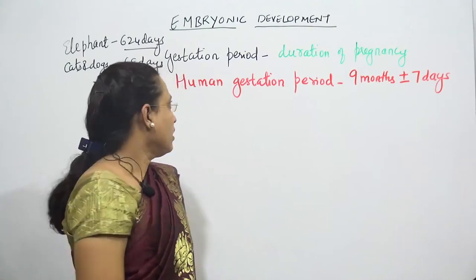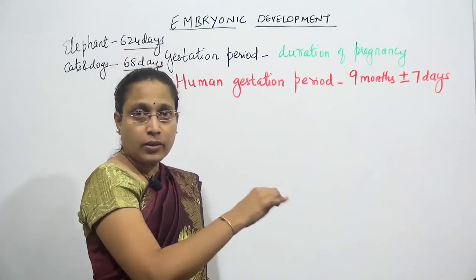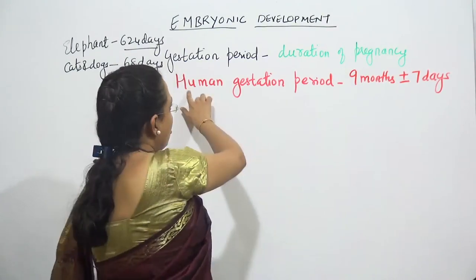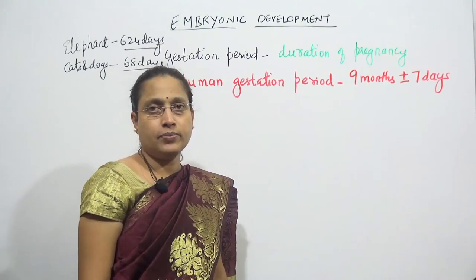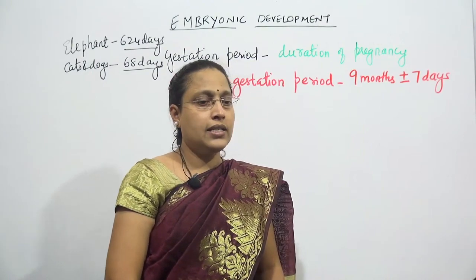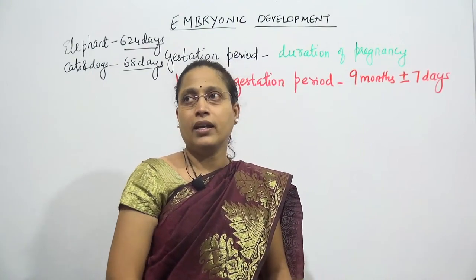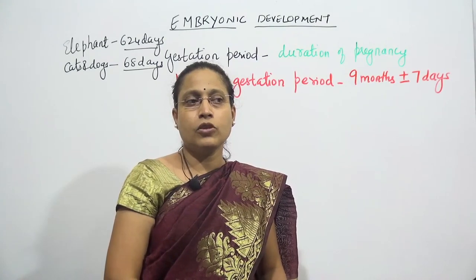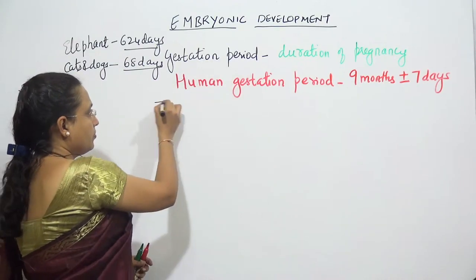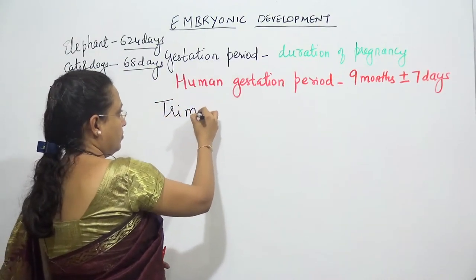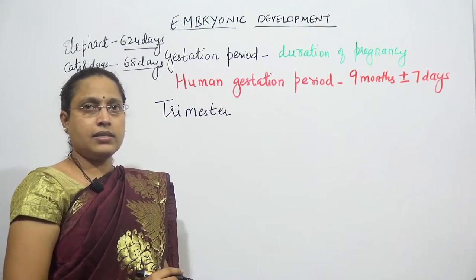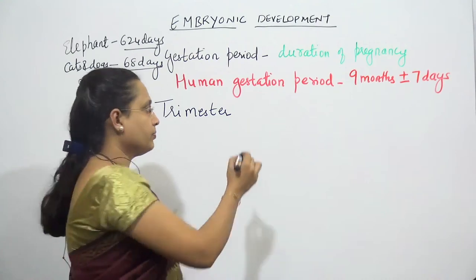That period between the first day of pregnancy till the birth is called the gestation period. Now, you all should know that the gestation period can be explained in terms of trimester. Trimester is equal to 3 months.